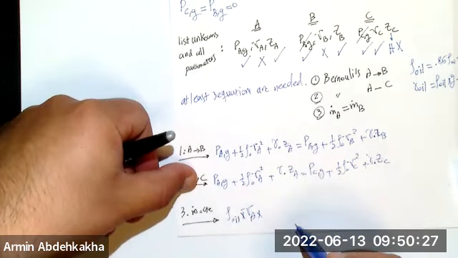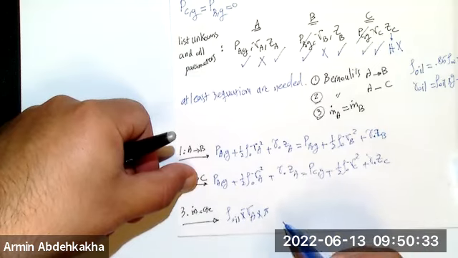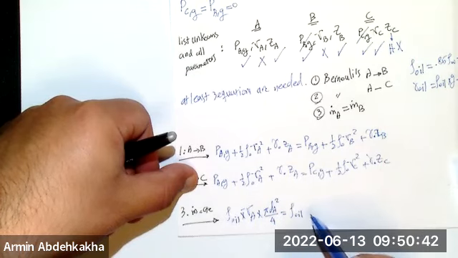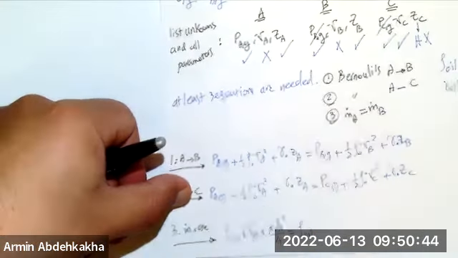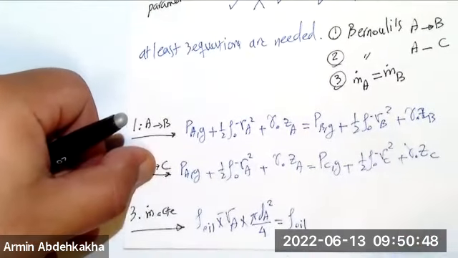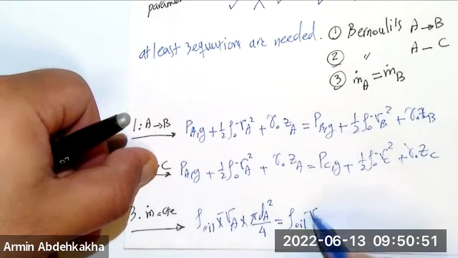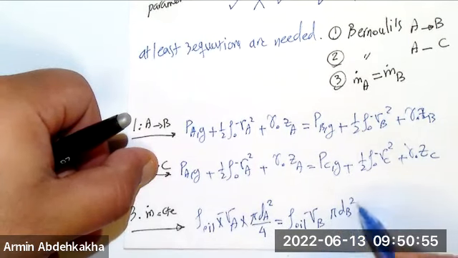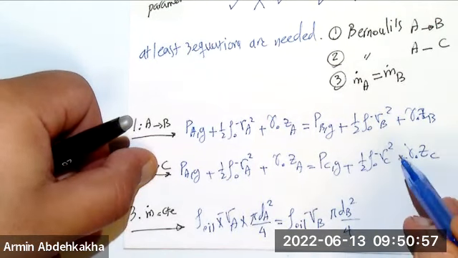Area at point A is a circular shape, and for a circle it is pi d squared over 4. Pi d_A squared over 4 is equal to rho of the oil V_B times pi d_B squared over 4.